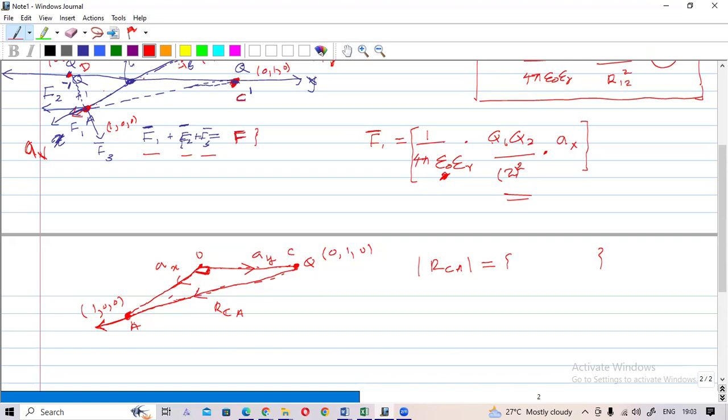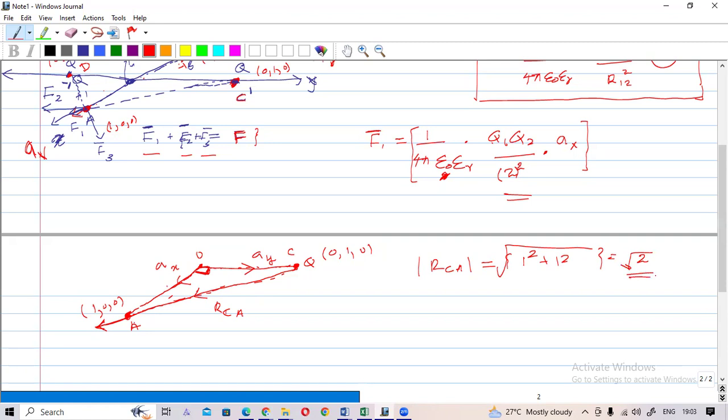To find this distance, you can use the Pythagoras theorem. This square plus this square, then the square root. So RCA is the square root of 1 square plus 1 square, that is square root 2.